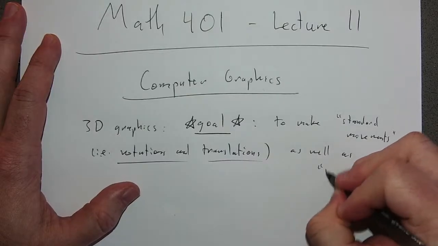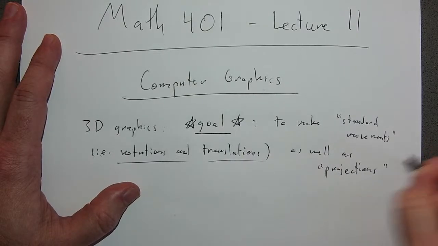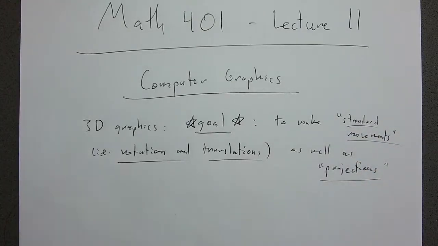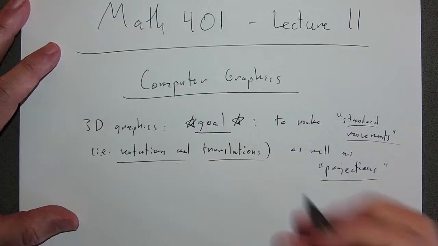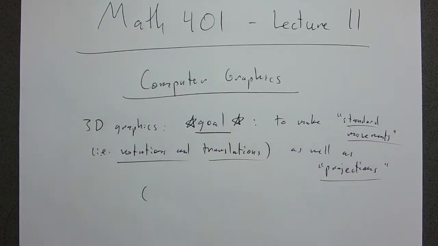So rotations and translations to make standard movements, as well as projections. So we want standard movements as well as projections. What is projection and why is this important? Well, if we're doing 3D graphics, your 3D graphics are going to be displayed on a computer screen in a two-dimensional fashion, right?